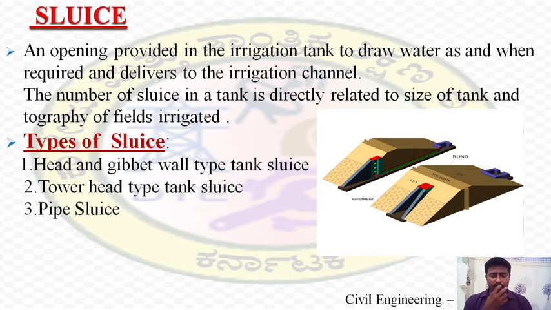Before starting any drawing, we should know the meaning of the component or structure. Here, this is called a sluice. A sluice is an opening provided in an irrigation tank to draw water as and when required and deliver it to the irrigation channel.